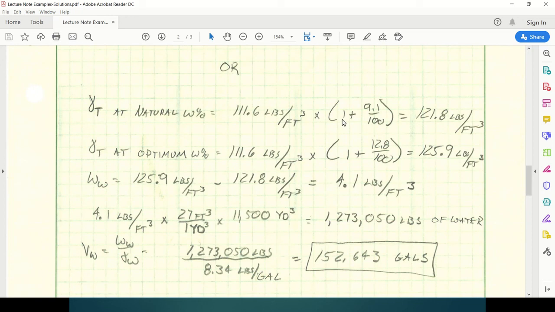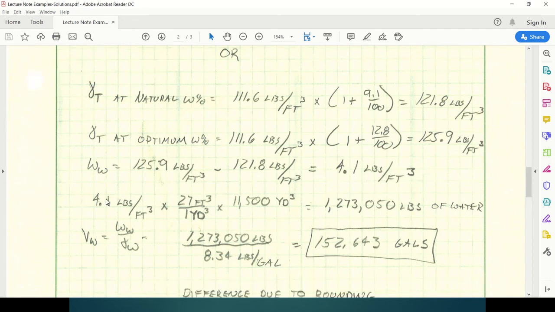Natural wet weight at natural water content is 121.8. At optimum is 125.9. So the weight of water, the difference, is 4.1 pounds per cubic foot. 4.1 pounds per cubic foot, converted, times 11,500 is 1,273,050.